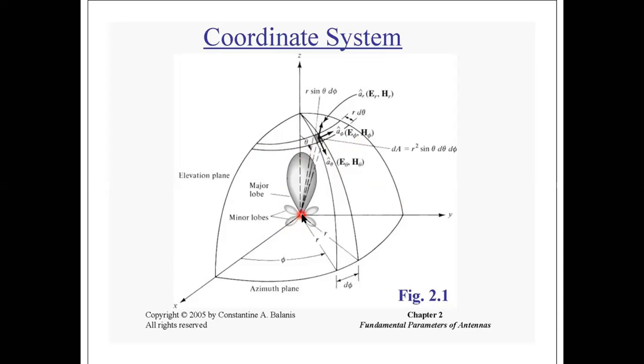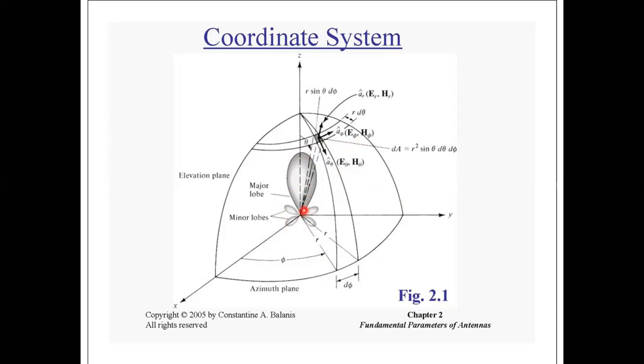Now, if you look here, this is called the radiation pattern. Radiation patterns are of two types. One is the directional pattern, and the second one, which radiates in all directions, is called the omnidirectional pattern.